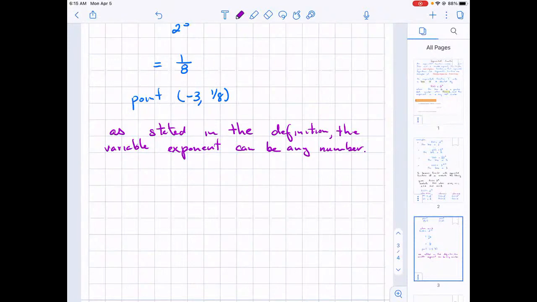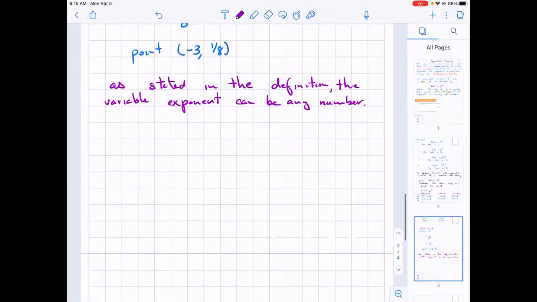Once we know how to evaluate any x, we are able to graph or see what the graph of an exponential function looks like. And that will be our next thing to master.